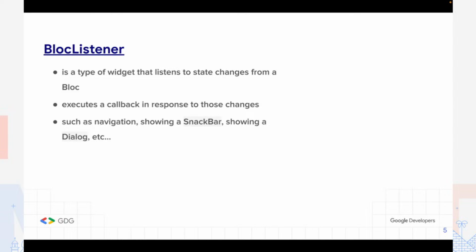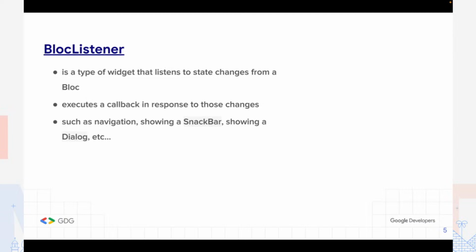So in that case, it will be the unauthenticated state because the user entered wrong credentials. When the unauthenticated state is emitted, we can then show a snack bar saying invalid credentials. So this is how we can use block listener in our app, and not just for navigating, you can use it for anything.